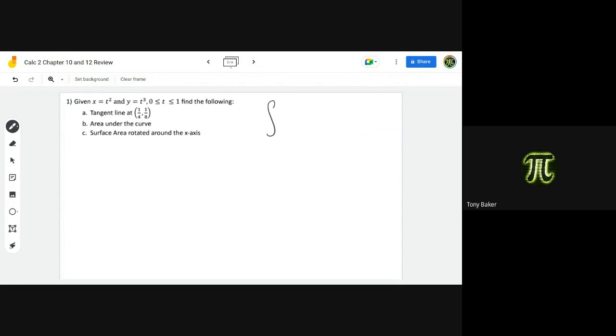It should be just y dx, if I remember my formula correctly.